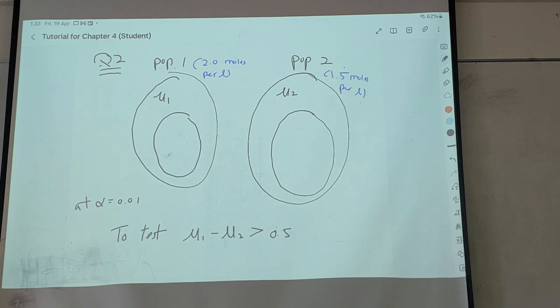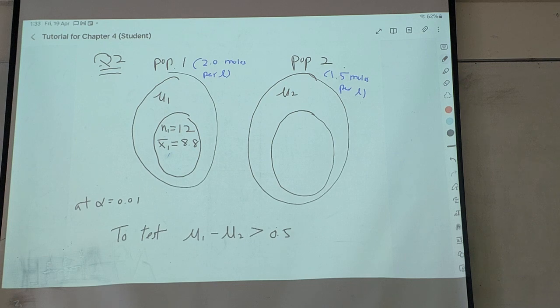So from here, 12 gram. So N1 is equal to 12. X bar 1 is equal to 8.8. Okay, then what else?